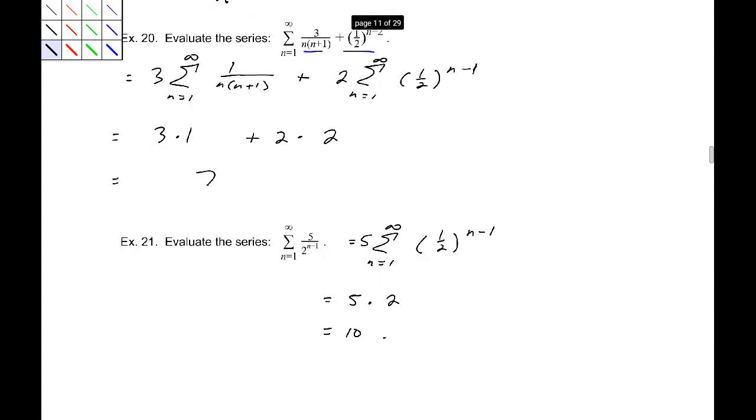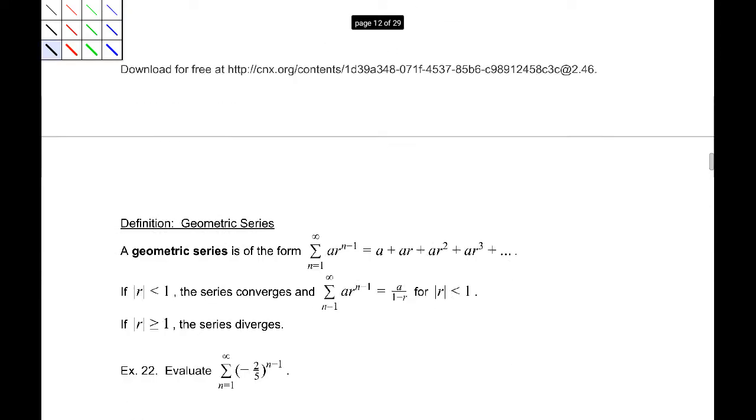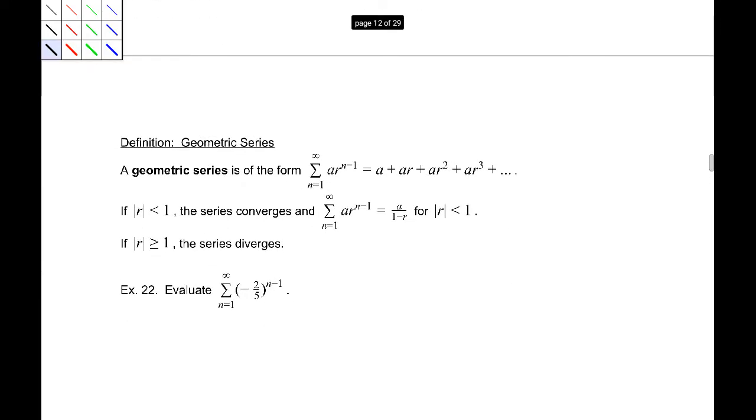All right, let's look at 22. Geometric series. A geometric series is something of the form a times r to the n minus 1. Now, if the absolute value of r, the ratio, is less than 1, then it converges. And in fact, the sum is a over 1 minus r. This is a very important fact.